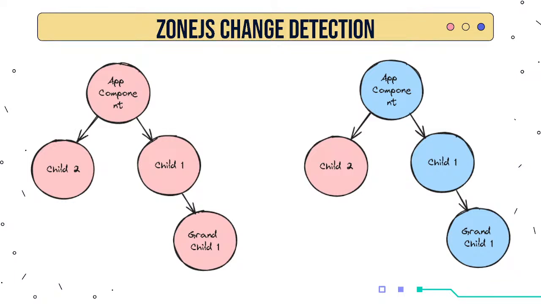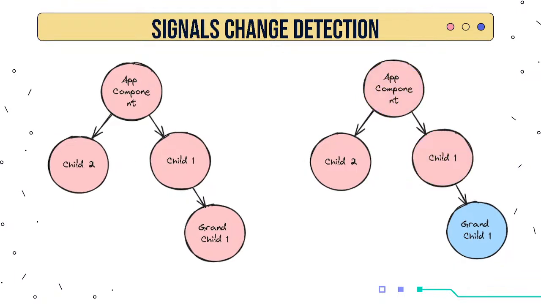Now, there is a comparison between signals and all this. Why are we comparing signals with change detection, sir? We know all about Zone.js and change detection for now. But how do signals work? Let's take the same example where we have this component tree, with the app component, child one, child two, and the grandchild.